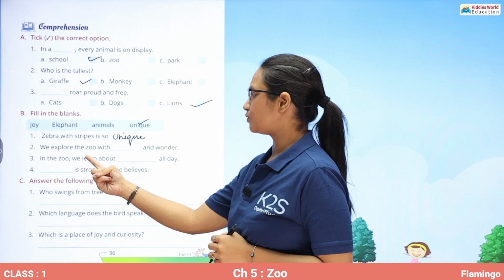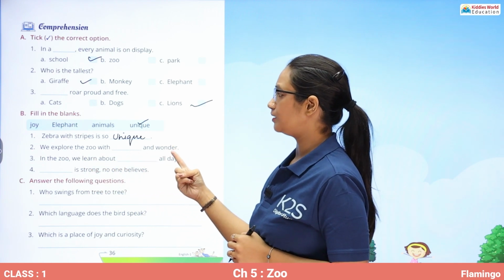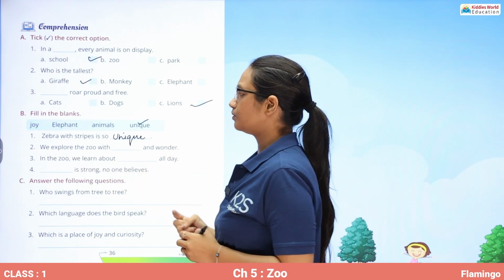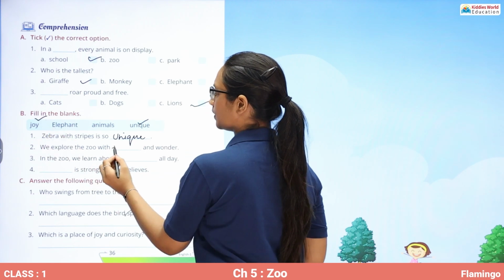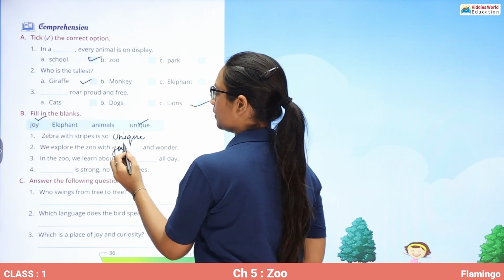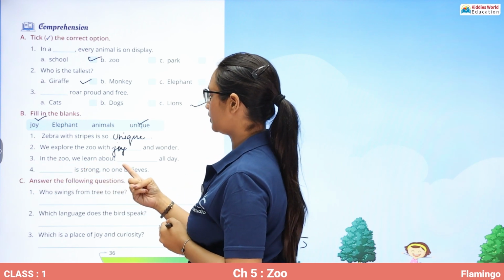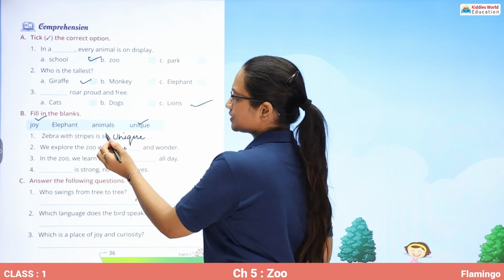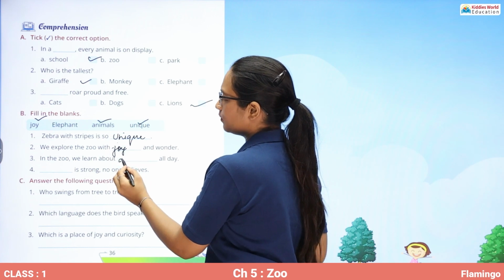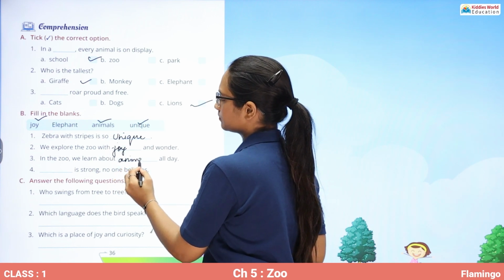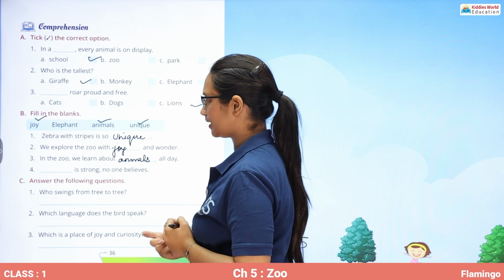We explore the zoo with dash and wonder. So, we explore the zoo with joy and wonder. In the zoo, we learn about dash all day. So, in the zoo, we learn about animals all day.